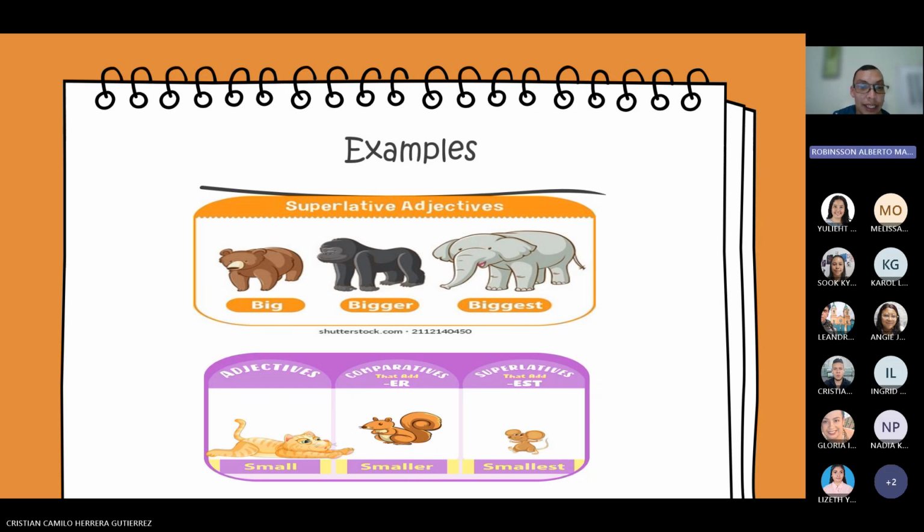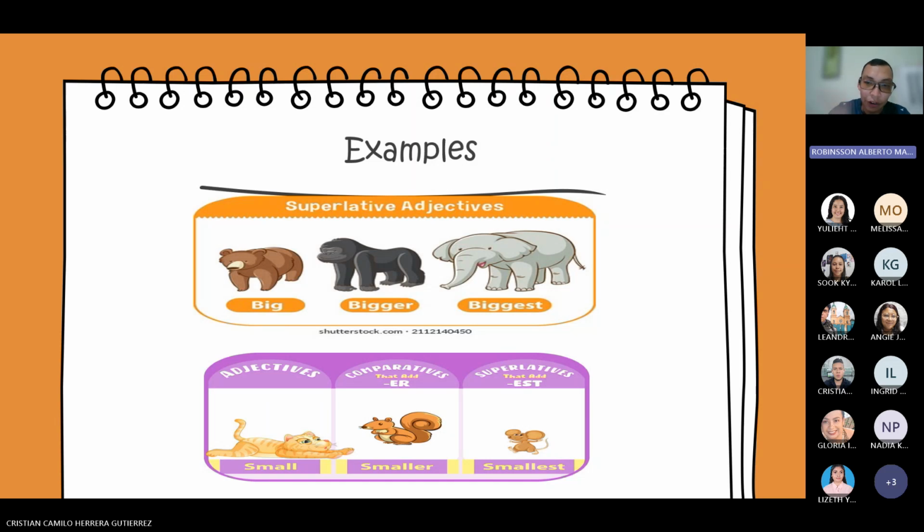Okay, here you can see that when we want to compare two things in this example, it's very important to add the suffix er, depending on the last consonant of the word. And if you want to make a superlative, it's very important to add est at the end of the adjective.